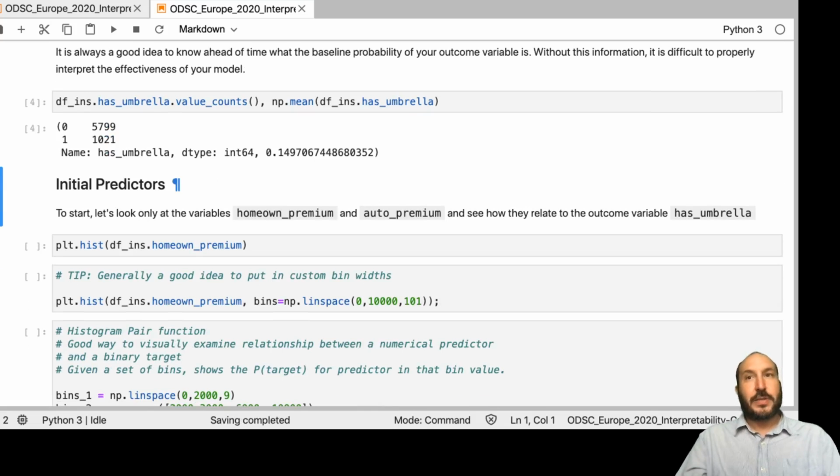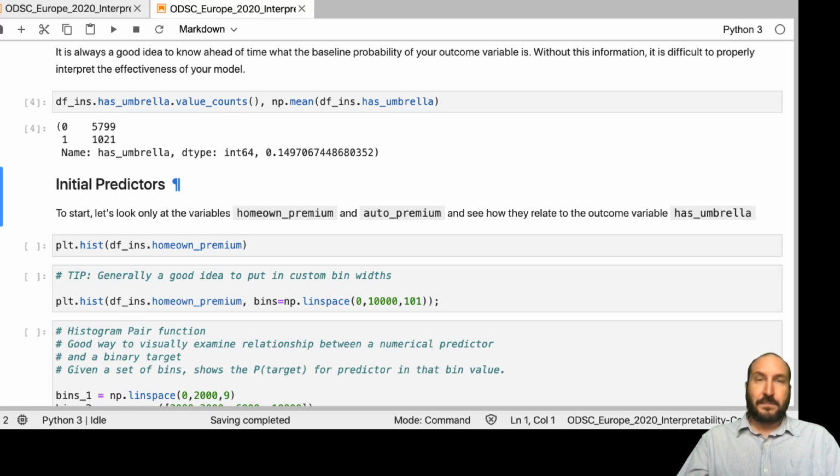To start, we're going to try to build a model off of just two predictors. We're going to look at their homeowner's premium and their auto insurance premium, and explore how they relate to whether or not they have the umbrella. Now, if you don't know much about insurance, a premium is your monthly payment, how much you pay every month to insure your house or your car.